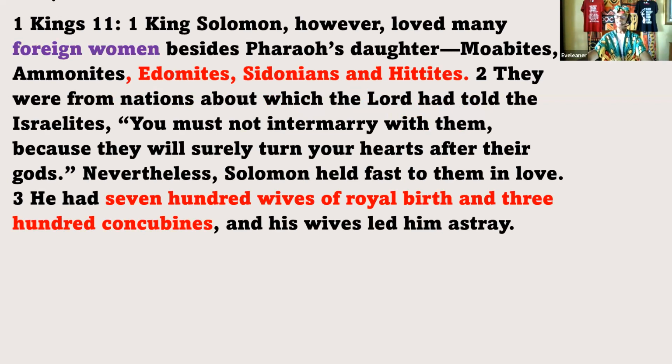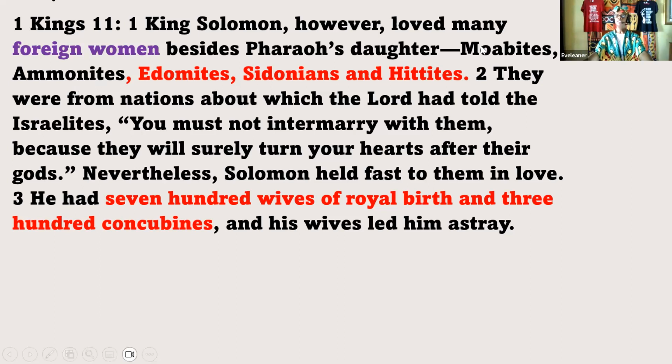In 1 Kings 11:1, it says, King Solomon, however, loved many foreign women besides Pharaoh's daughter. So he married Pharaoh's daughter, but he loved a lot of other foreign women. And these are those women. You will see the Moabites and the Ammonites. I didn't highlight them because they're not of African descent.